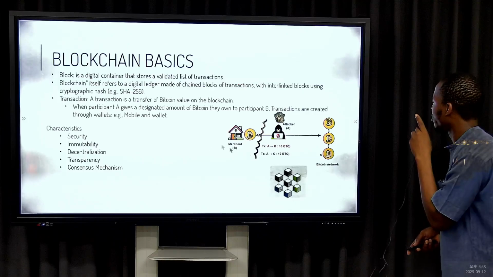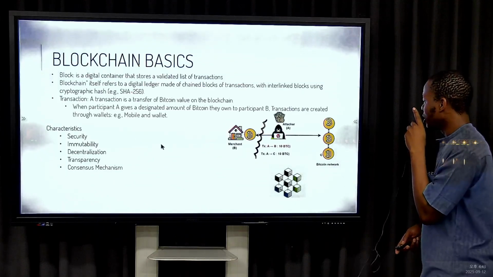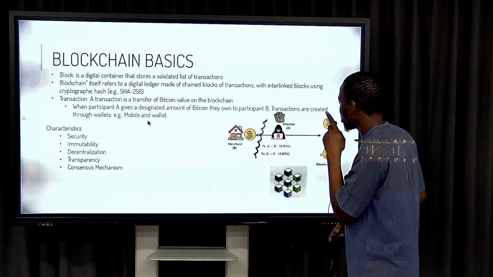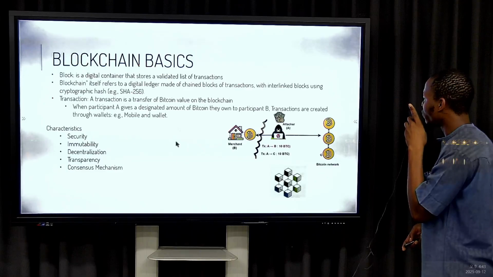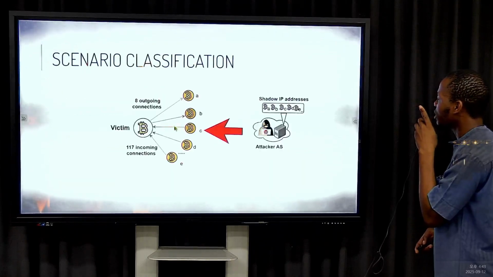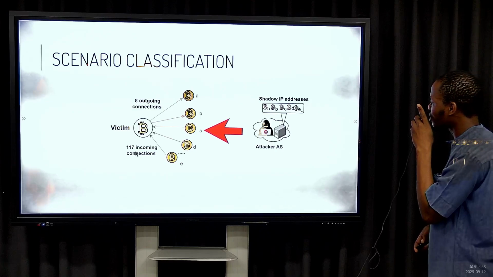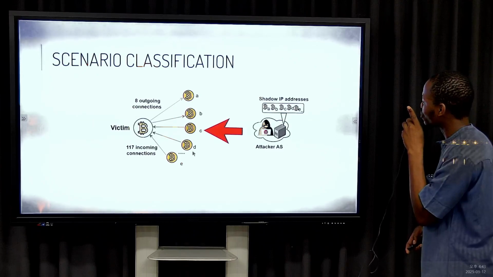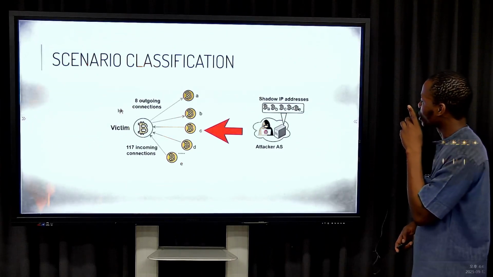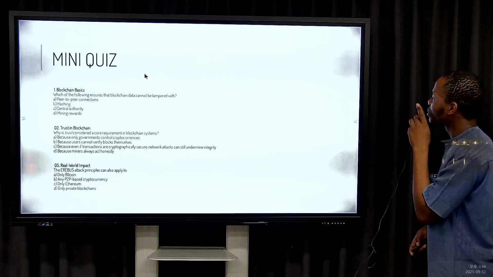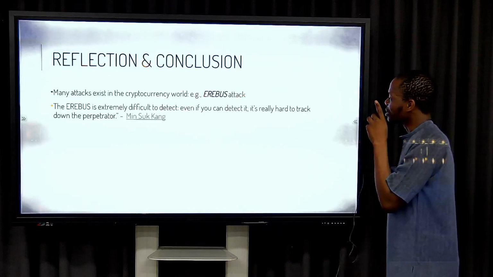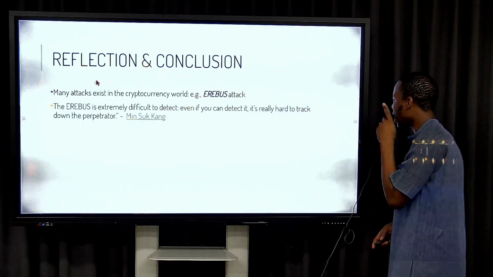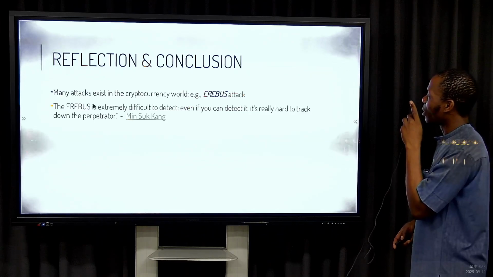This is an example of an Eclipse attack, and it looks stealthy. Nobody can quickly determine it, and because of these connections, there is vulnerability in the network: 117 incoming connections for Bitcoin and 8 outgoing connections. So it's a big issue for us to tackle. And lastly, I also said the Eclipse attack is extremely difficult to detect. Even if you can detect it, it's really hard to track down the perpetrator.